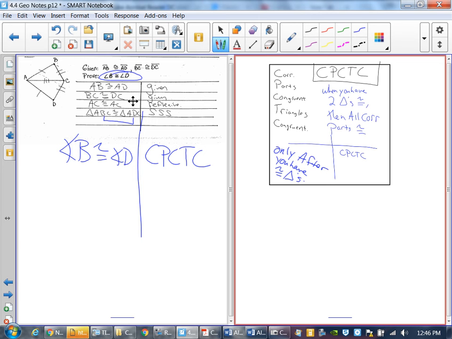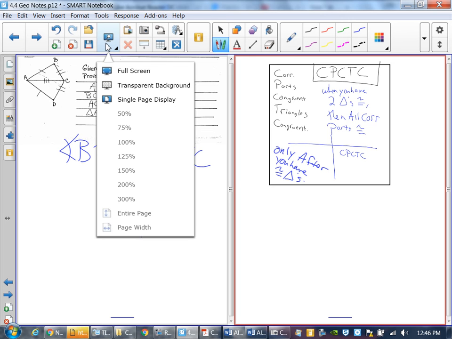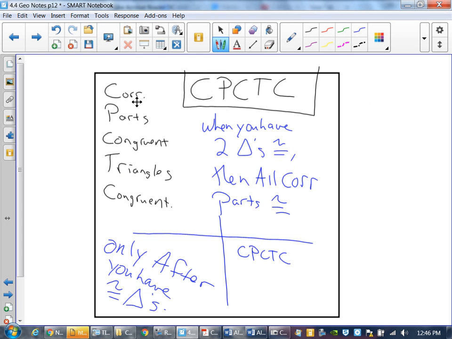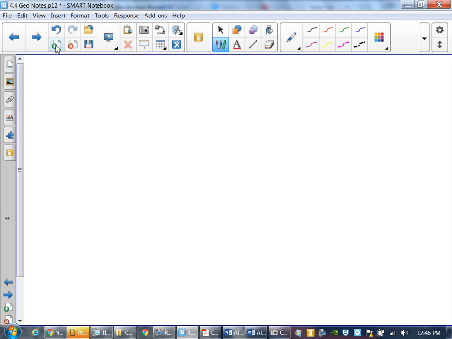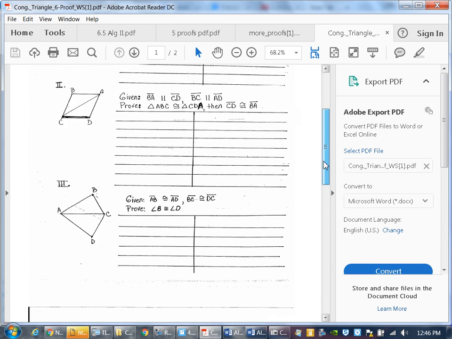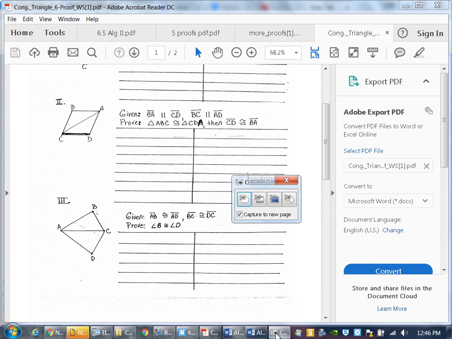Hopefully you guys took to heart the idea of using the diagonals to help you figure out your angle pairs.